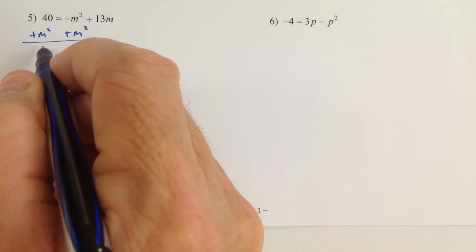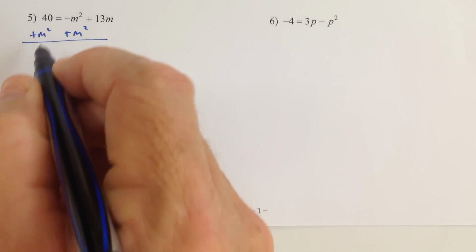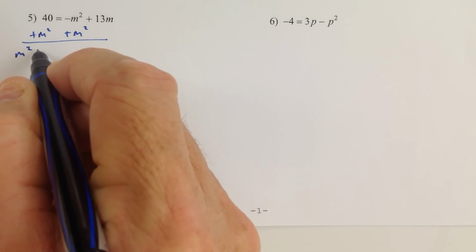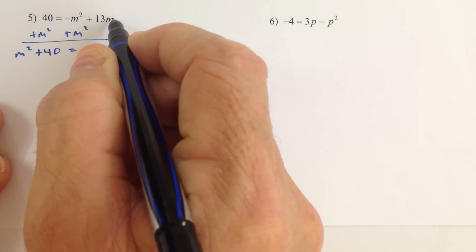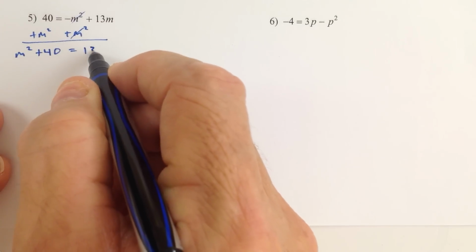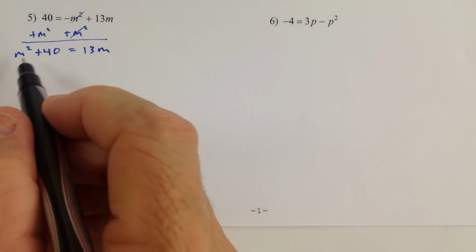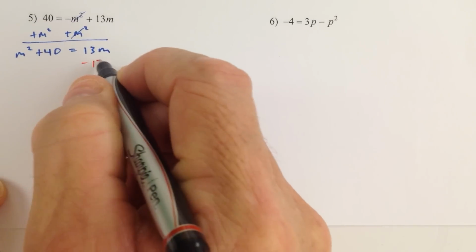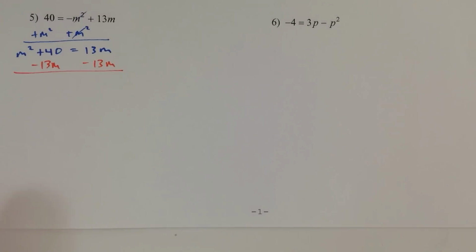And when we do that, and putting the terms in order over here, we could write 40 plus m², but instead I'm going to write m² plus 40 equals, on the right side, since -m² and m² cancel each other out, the right side we just have 13m. Well, we still don't have the quadratic equaling 0, so we're going to go ahead and subtract 13m from both sides.